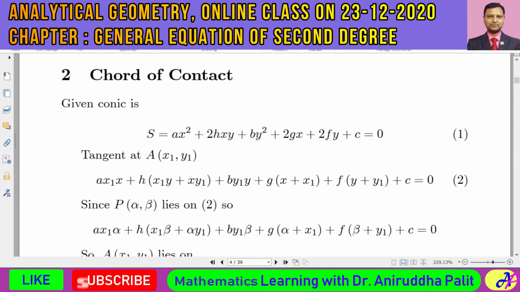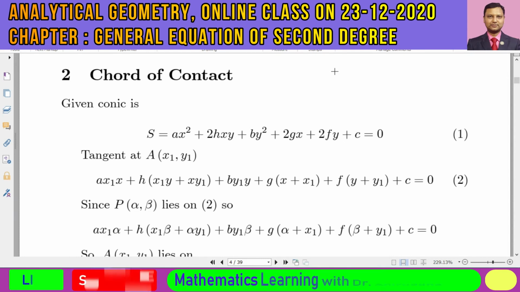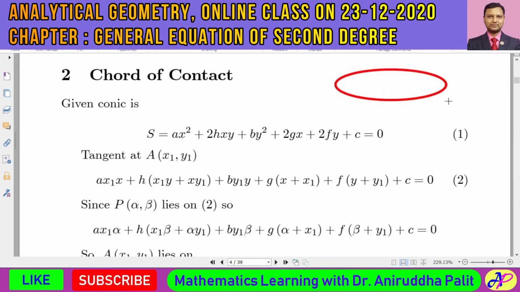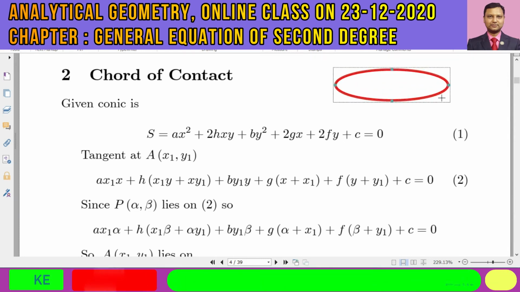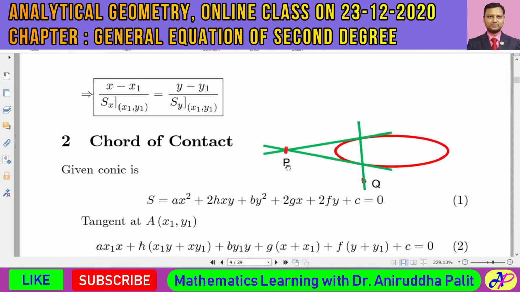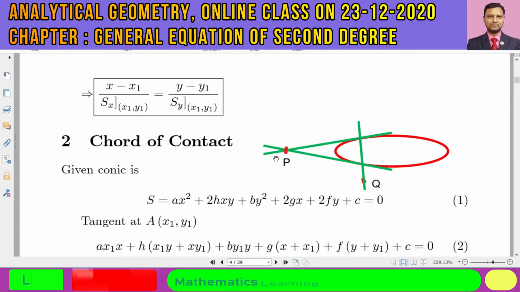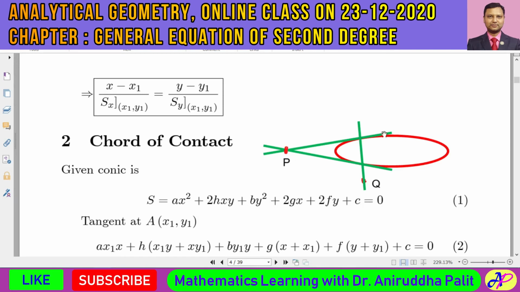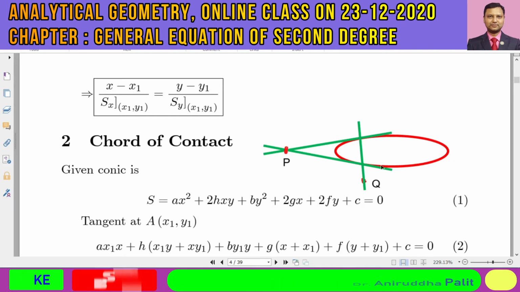Suppose we have an ellipse, or parabola or hyperbola, whatever kind of curve you want to consider. Suppose we have a point P, and from this point we can draw two tangent lines to the curve.